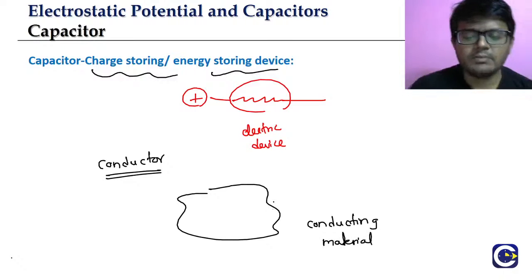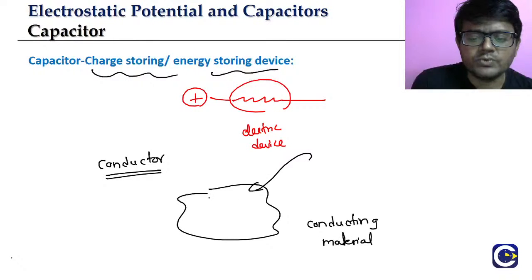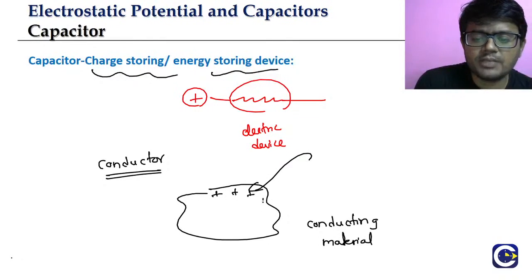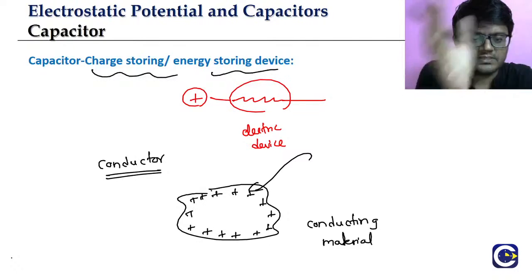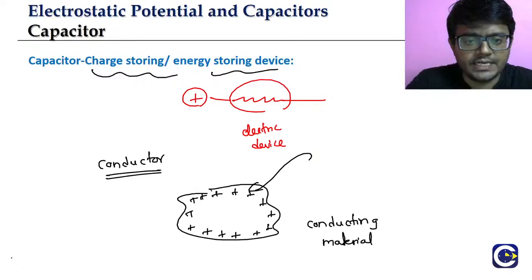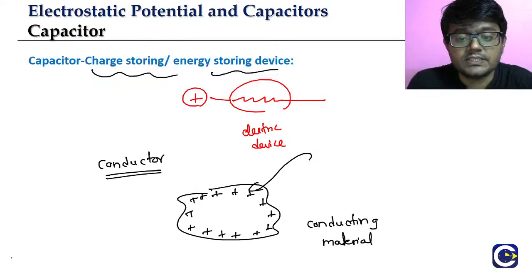Now look, we are giving charge to it. What is the property of the conductor when you give charge? The charge given to the conductor will be accumulated on the outer surface. So whatever charge is given, it accumulates on the outer surface of the object. This conductor is storing the charge, right? We are giving a positive charge, so it is able to store the charge.